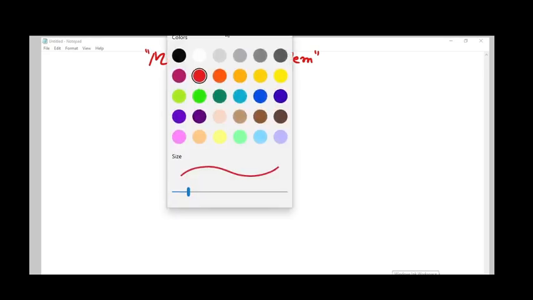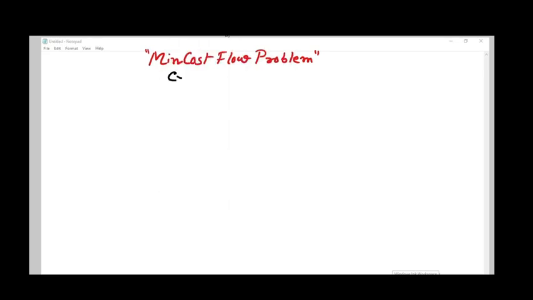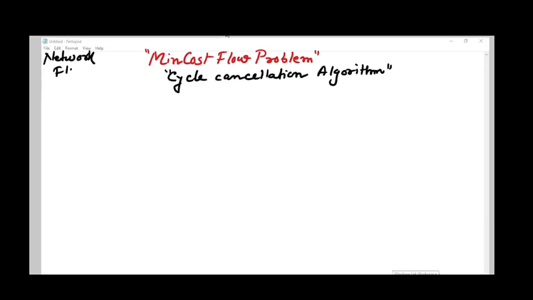In your syllabus it is the cycle cancellation algorithm, which is part of the network flow topic. You can consider it as the last algorithm. So we will be discussing cycle cancellation.